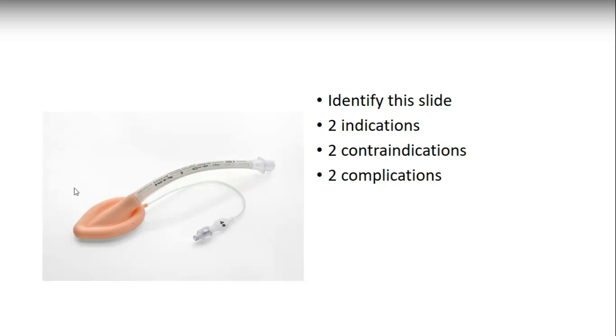Another one is a patient that has a full stomach. Full stomach means someone that has the propensity to regurgitate in surgery, like someone that just finished eating before surgery, a pregnant woman, or someone that has abdominal surgery. They have the propensity to regurgitate during intubation.